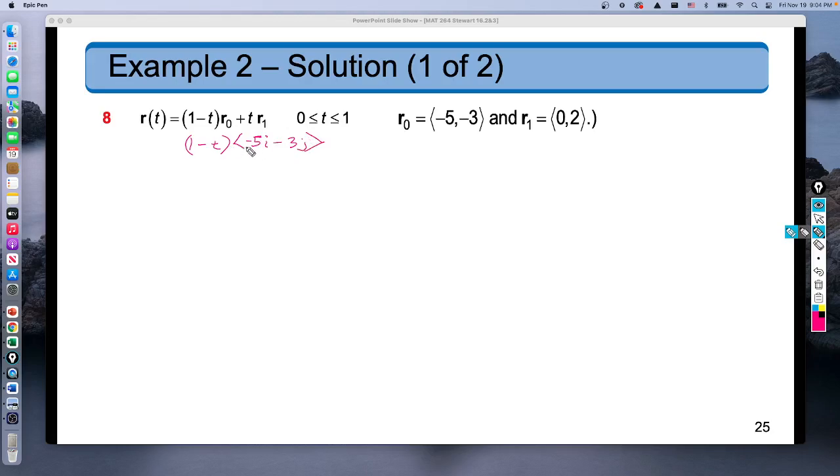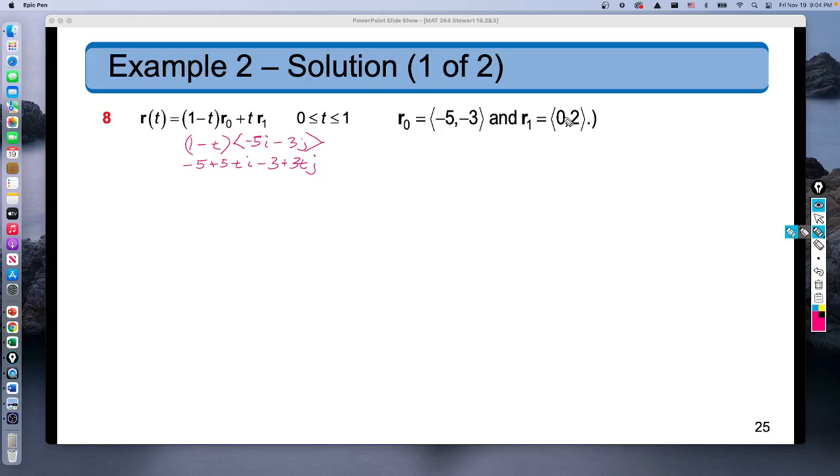We distribute through, so we get minus 5 times 1, so minus 5, minus 5 times negative t is a plus 5t, that's all times i, and then we get a negative 3 times 1, so that gives us a negative 3, negative 3 times negative t is a positive 3t, and that's a j component. So that's that first part.